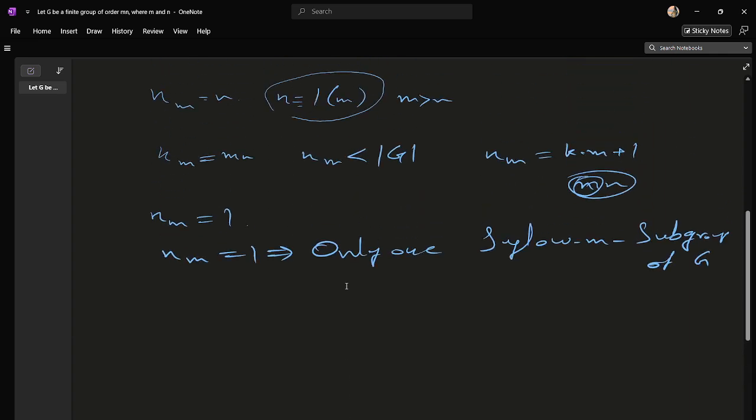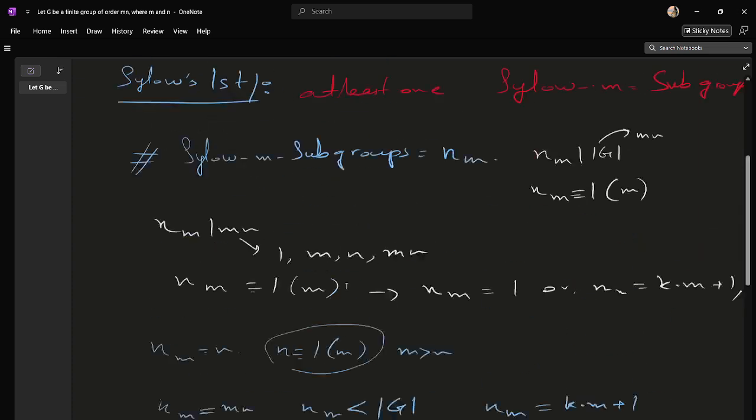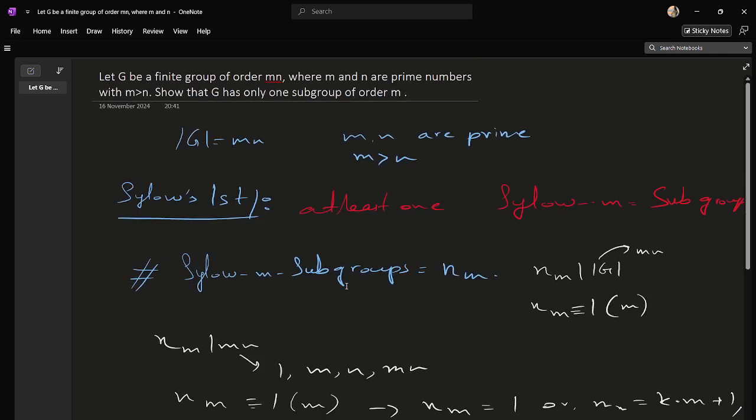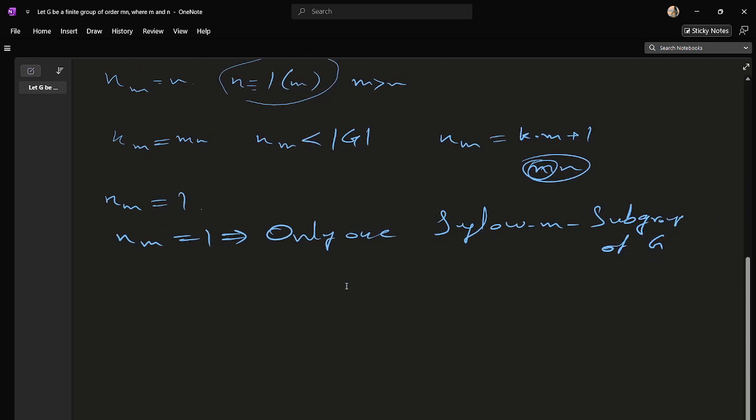So there is only one Sylow m-subgroup of G. I think that is the required thing for our question. The question asks us to show that G has only one subgroup of order m. That is shown here.